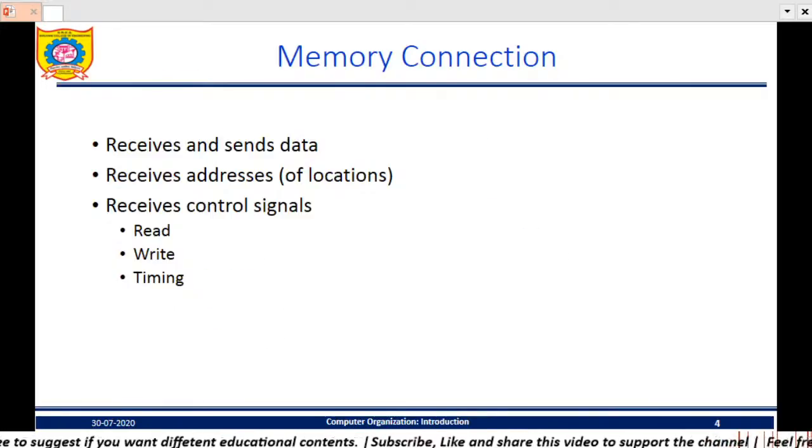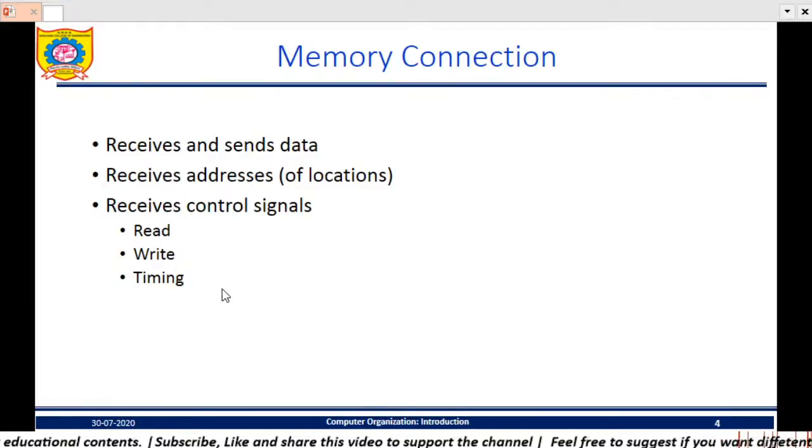So memory receives and sends data, and receives addresses from different components. If the CPU wants data for some kind of processing, it will send the address as a command, okay. What kind of control signals are requested to a memory? That is read, write and timing.